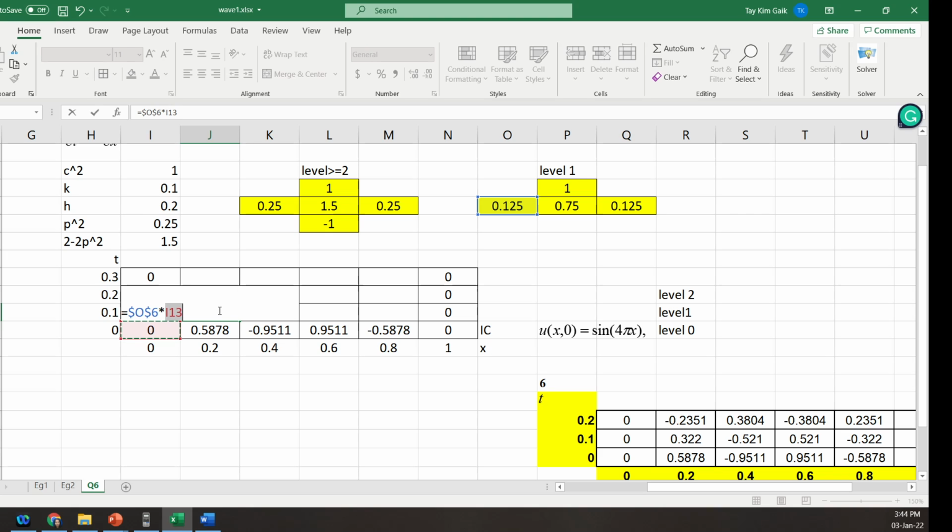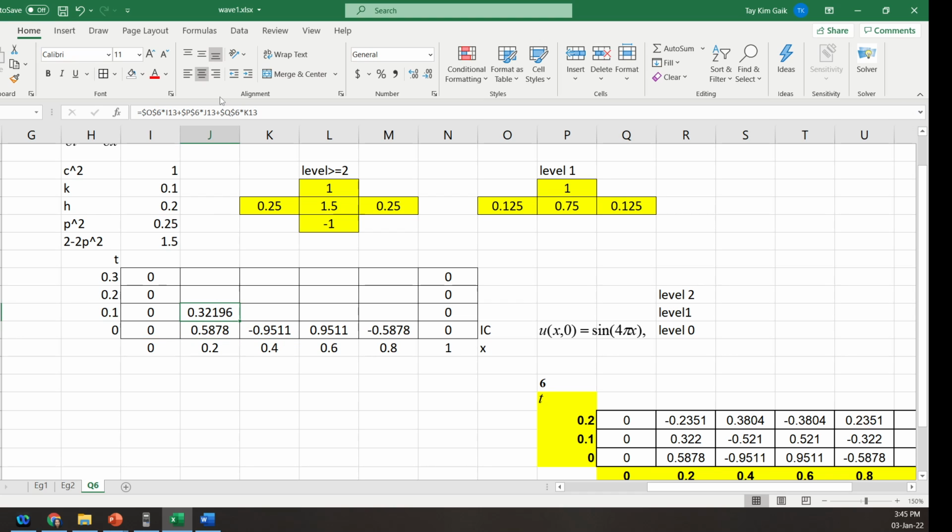You key in J12; bottom is row 13, left is I, so I13, plus the center middle coefficient, make sure you constant it, multiplied by your left bottom, exactly J, go down, J13, plus the right bottom coefficient, make sure you constant it, multiplied by the right bottom. So J is center, the right is K, the bottom is 13, so K13.